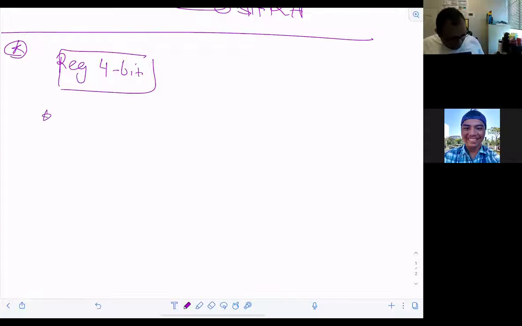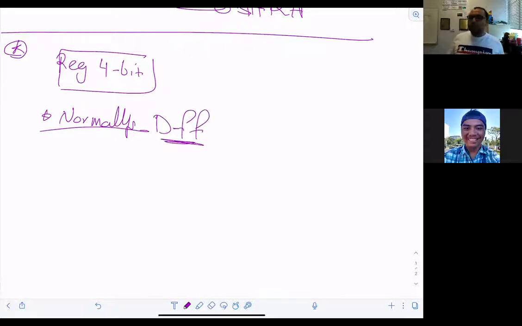So normally the D flip-flop is the right candidate to be used for building registers. You guys know that the best candidate for the sequential elements to build counters is what? T flip-flop. What is the best candidate to build registers and memory? D flip-flop. Okay.